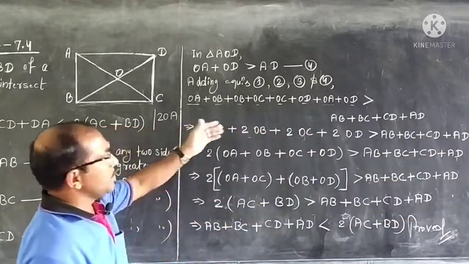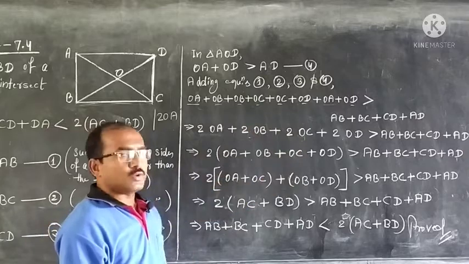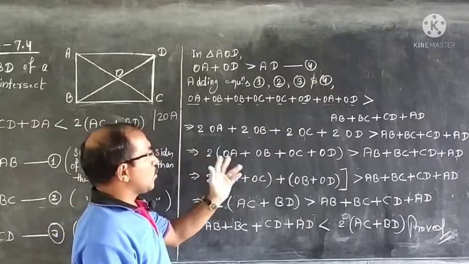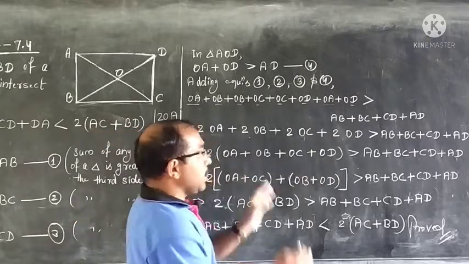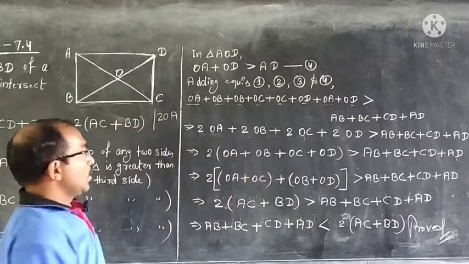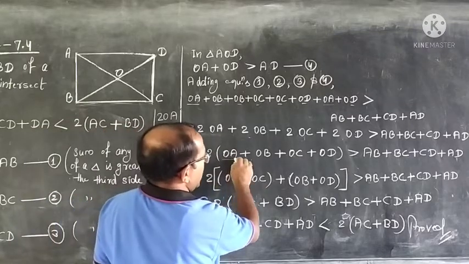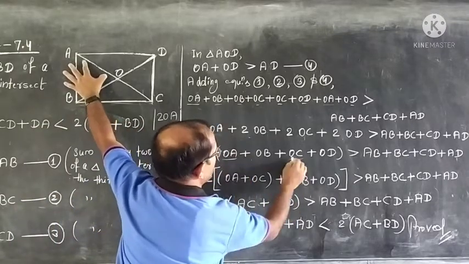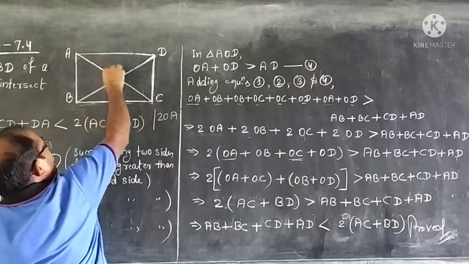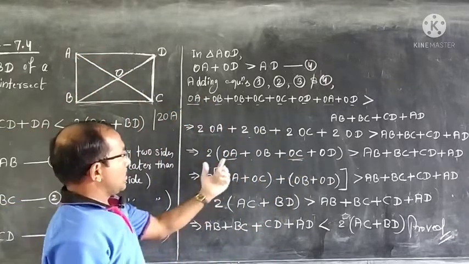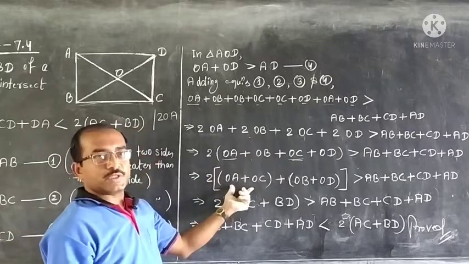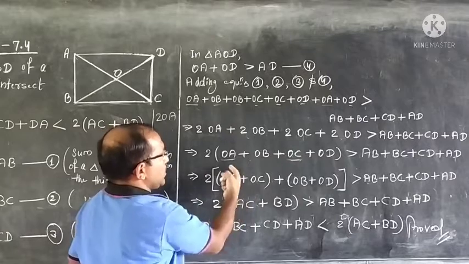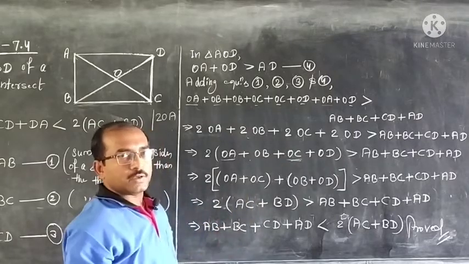Now what happens? 2 we will take common. In the RHS nothing is there to take common, all are separate terms, AB, BC, CD and AD. So we took 2 common: OA, OB, OC, OD, and then we refer to the diagram. We look at OA and OC, these are parts of the diagonal AC. So we bring them together, OA plus OC. Seeing the diagram only we will know. We look here and see OA and OC, why did they come together?